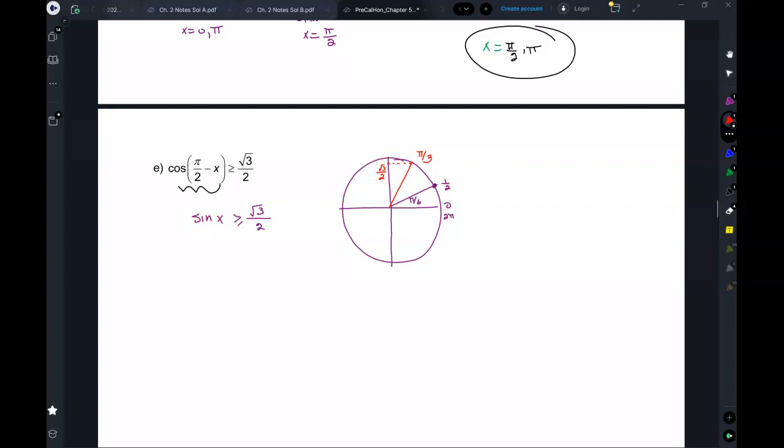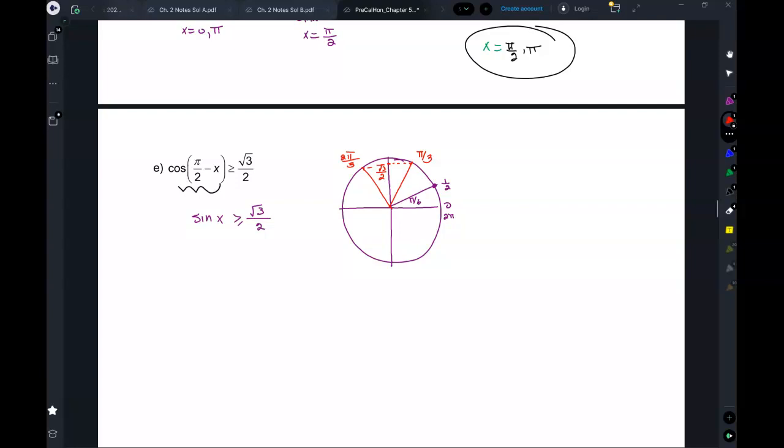Until where is the y value going to be greater than root 3 over 2? Right. Here, at 2 pi over 3, it's still root 3 over 2. After that, the y value will be less. Here y is 0, then this entire time y is negative.